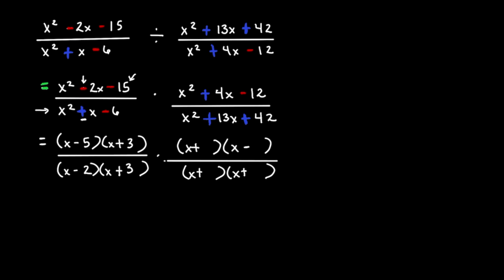We're looking at the upper right. We're going to factor 12. And so we'll have 6 and 2, and 3 and 4, and 12 and 1.